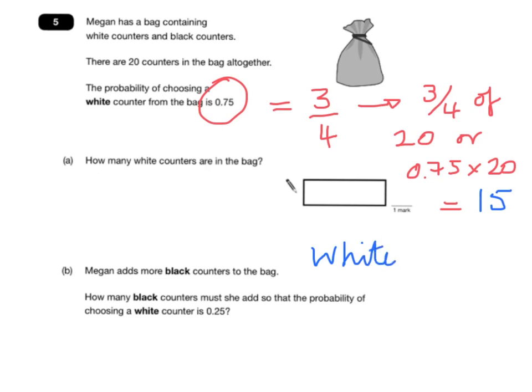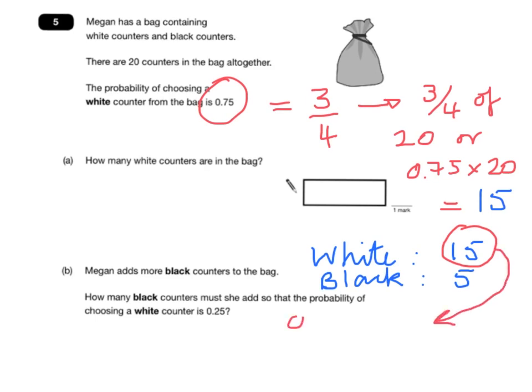Now, she's going to add more black counters, but we want a probability of choosing a white counter of 0.25. So, at the moment, there are 15 white counters, as we discovered, and 5 black counters. Now, we want that 15 white now to be 25%, or 0.25 of the total, or a quarter of the total.